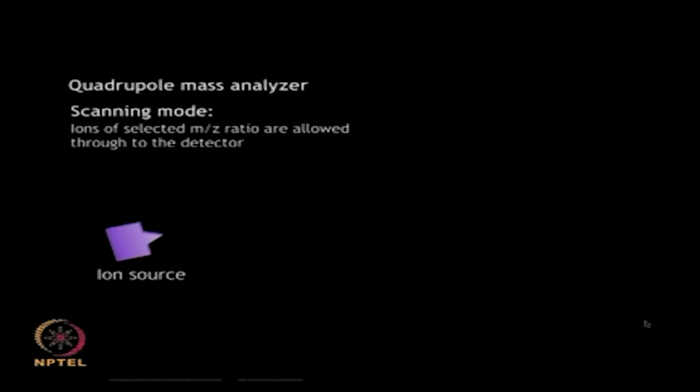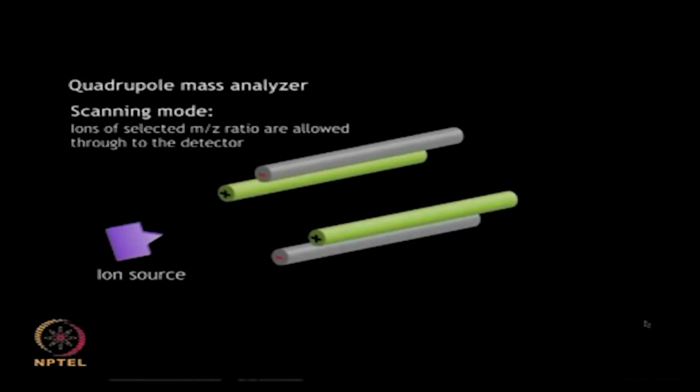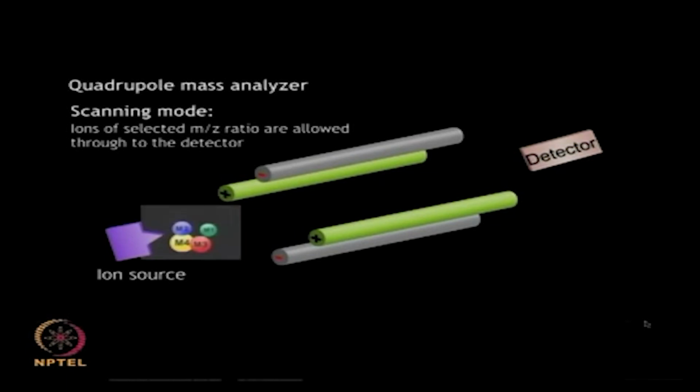In the scanning mode, the quadrupole analyzer selects ions of a specific m by z value as set by the user. A range can also be entered, in which case only those specific ions which satisfy the criteria will move towards the detector and the rest can be filtered out.